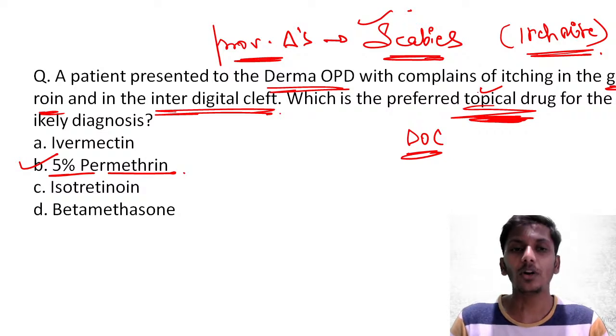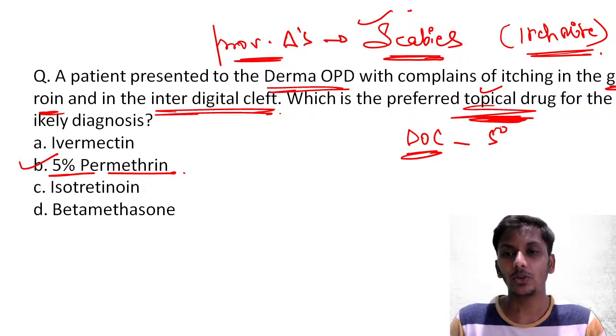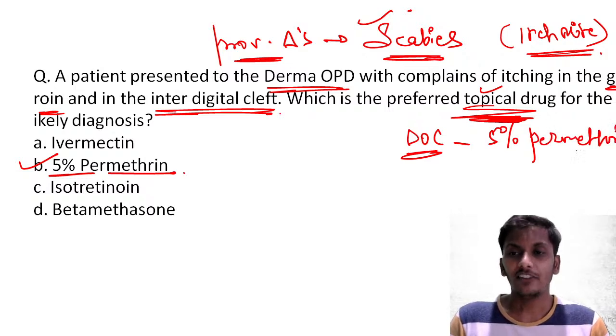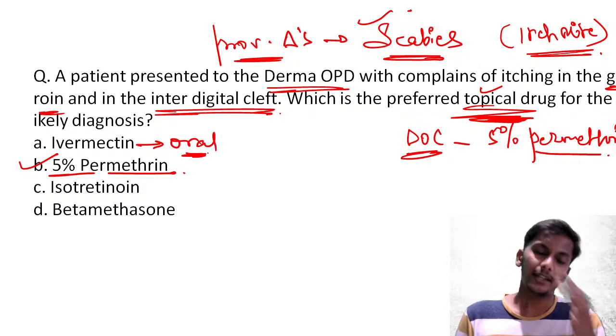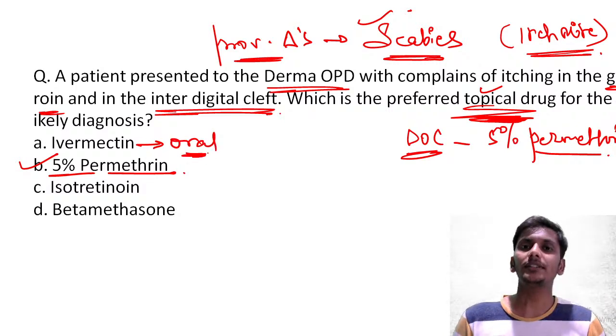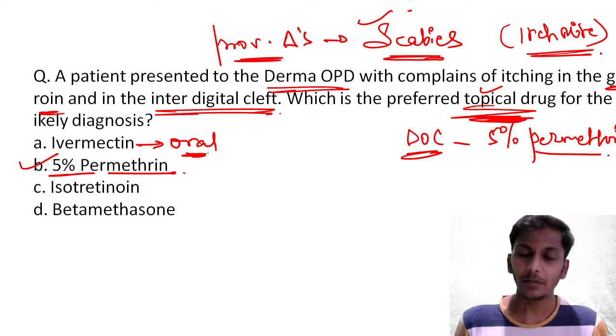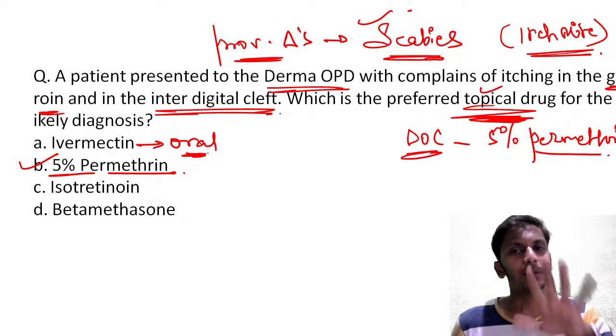One more thing is important to remember: I have asked about the topical drug. If I had asked about the oral drug, then the answer would have been ivermectin. So please remember, the oral drug used in cases of scabies is ivermectin, but the drug of choice, a topical drug, used in cases of scabies is 5% permethrin.